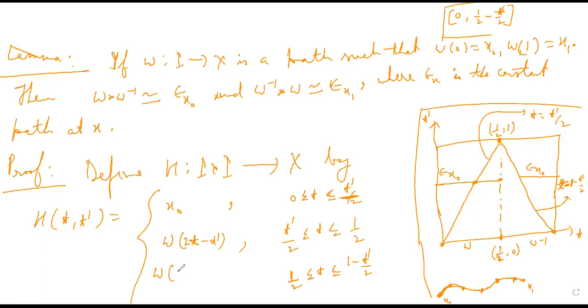So it is 2 times 1 minus t, that is 2 minus 2t minus t prime. And then x naught for 1 minus t prime upon 2 less than or equal to t less than or equal to 1.